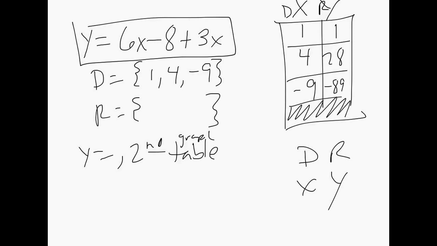So we're supposed to put them in order from least to greatest, so it'd be negative 89, comma, 1, comma, 28. Okay. Don't forget to bring this in on your own paper and have it ready for us to check on Tuesday.